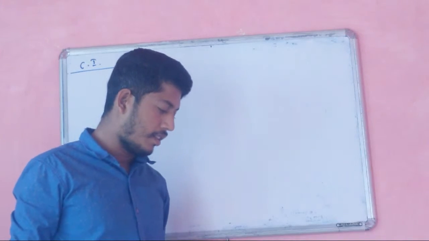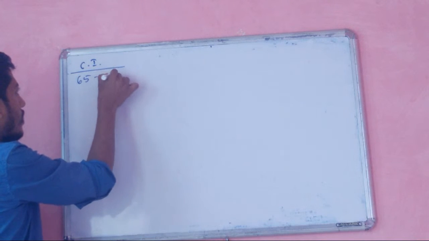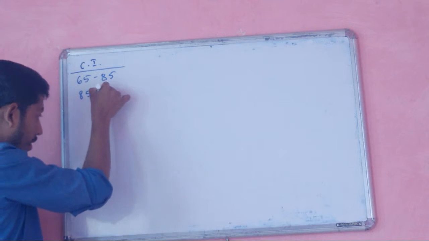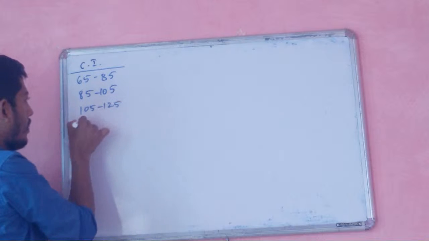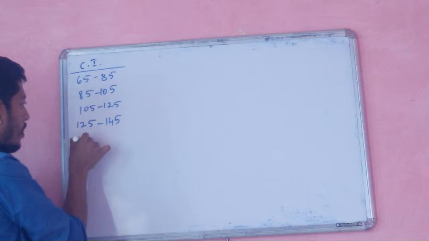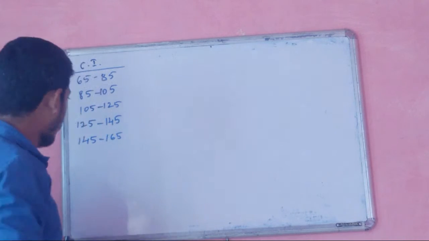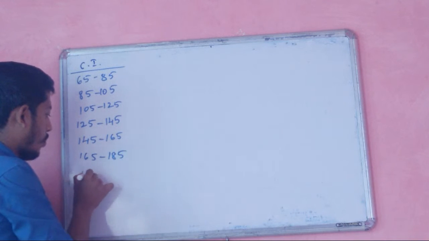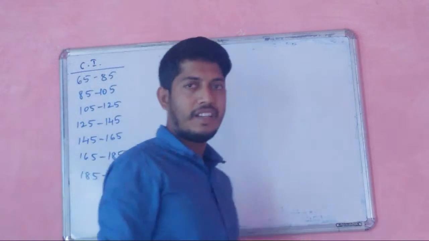The class intervals are 65 to 85, then 85 to 105, 105 to 125, 125 to 145, 145 to 165, then 165 to 185, 185 to 205. So these are the class intervals.